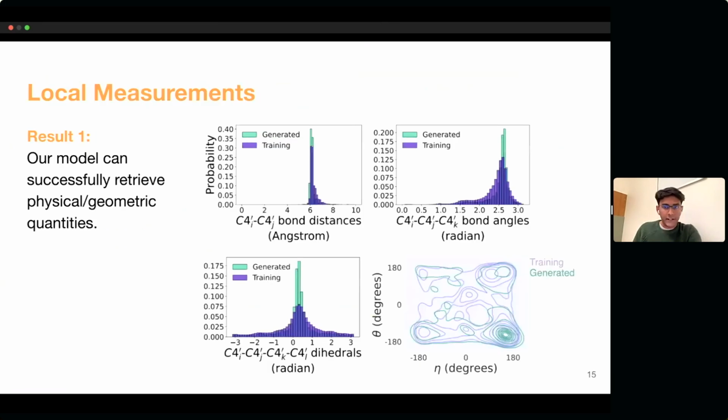So let's get started with some very interesting results that we've seen. Right off the bat, we can see that our generative model can successfully retrieve these physical or geometric quantities. You can see that we match the training distributions between the data set and our generated samples in terms of bond distances, angles, and dihedrals.